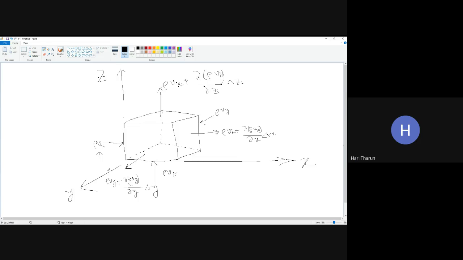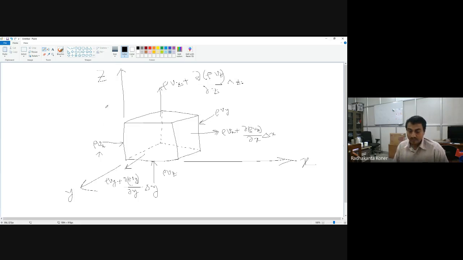Yes, sir. So basically this is a flow. This is basically an elementary control volume. It's called control volume.